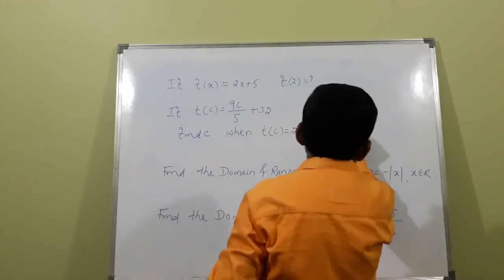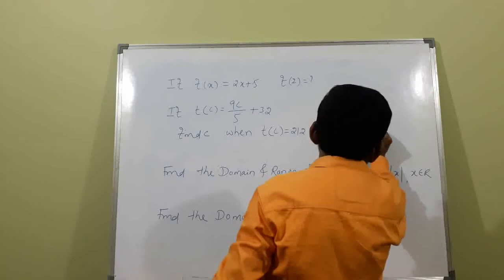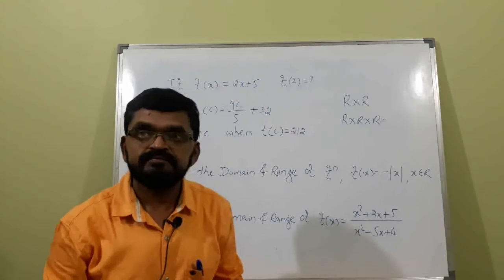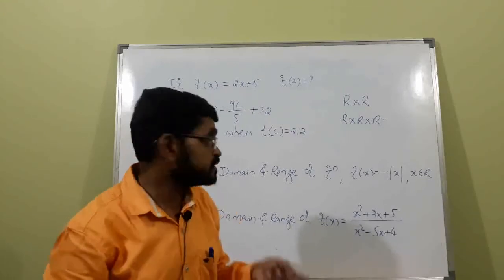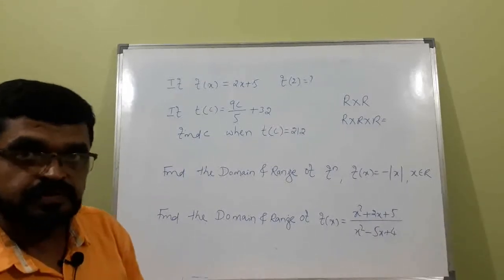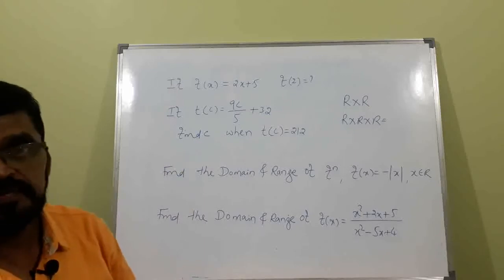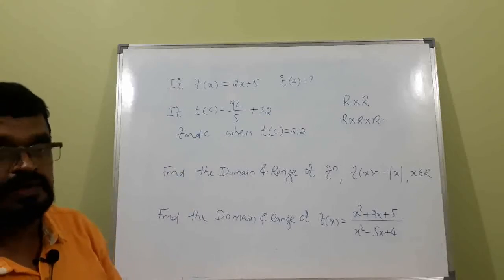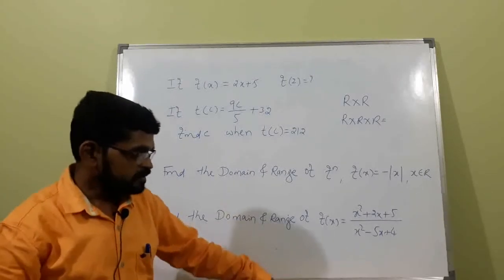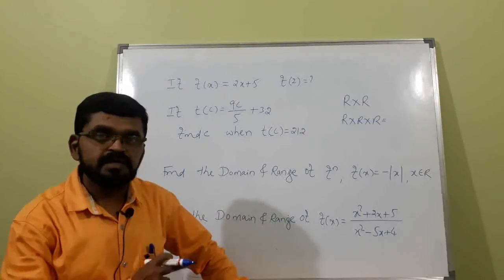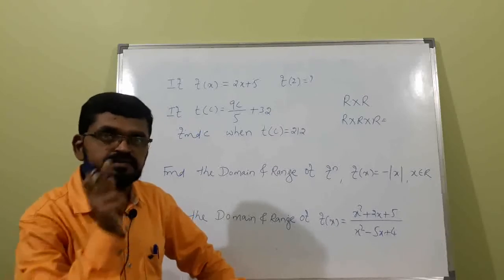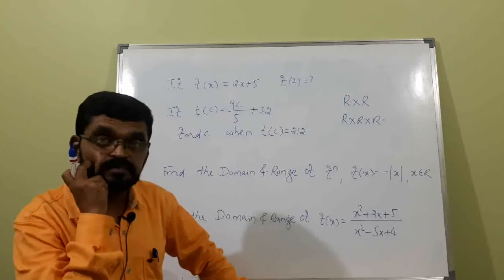R cross R cross R is the set of all points in 3D space, real values. A subset of that Cartesian product is a relation, and if you impose a restriction, that means if any element of the first set should contain only a unique image in the second set, then that will become a function.